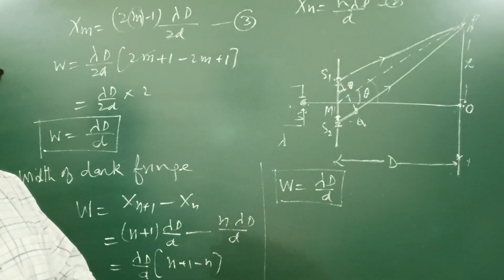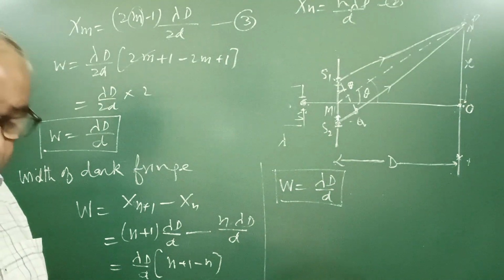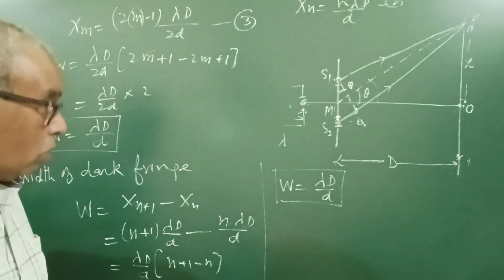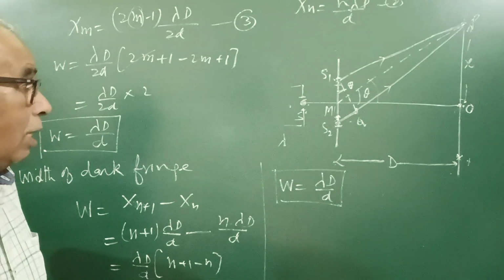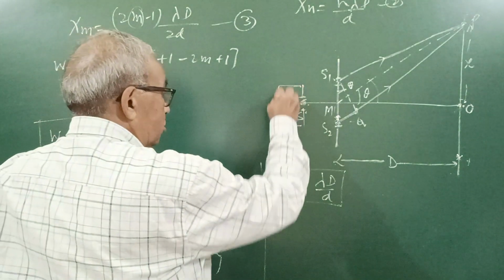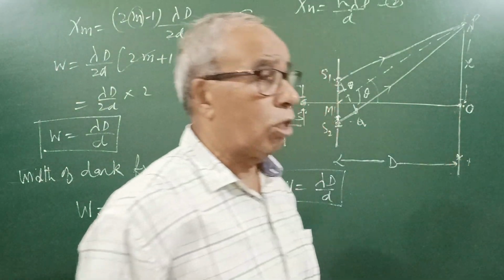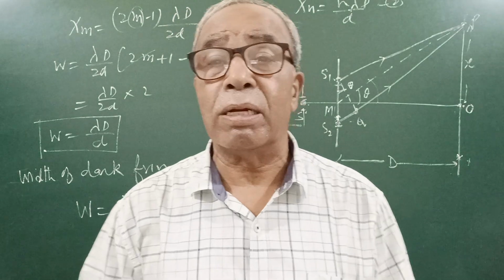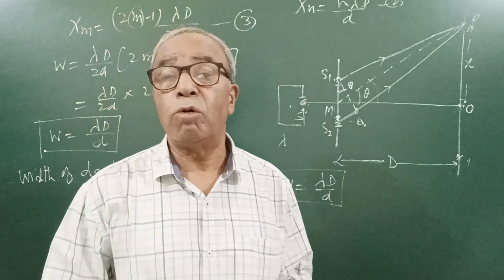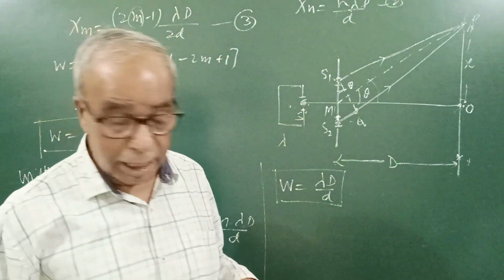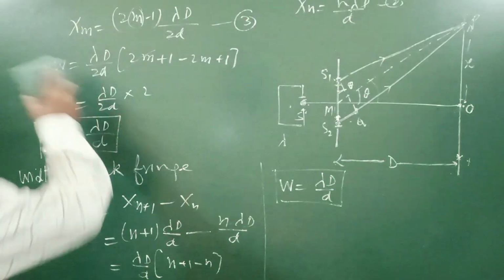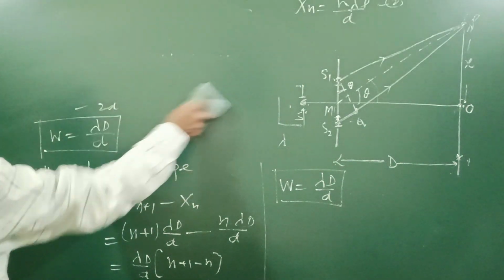My dear students, you have to understand the meaning of intensity. I have told you many times: where brightness is maximum, we say a bright fringe is there; where brightness is minimum, least, we say a dark fringe. So we get here four things.